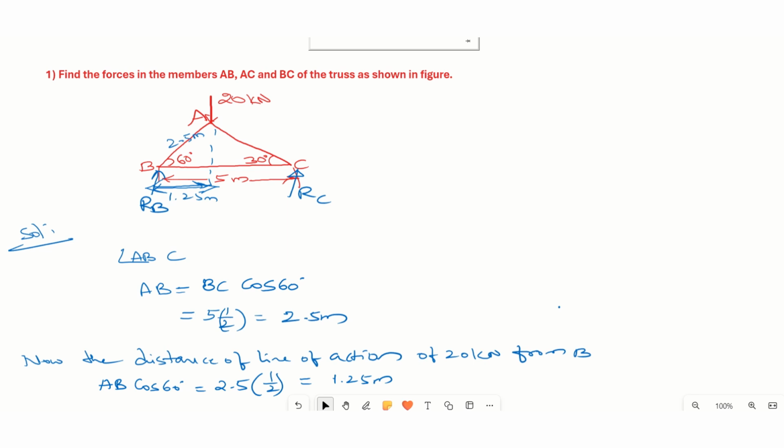To calculate the reactions, we take moments about point B, then we'll get the reaction at the other end.